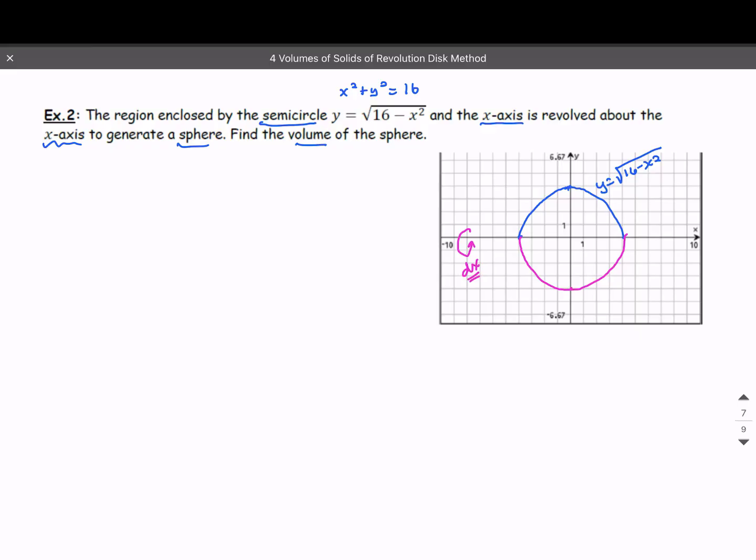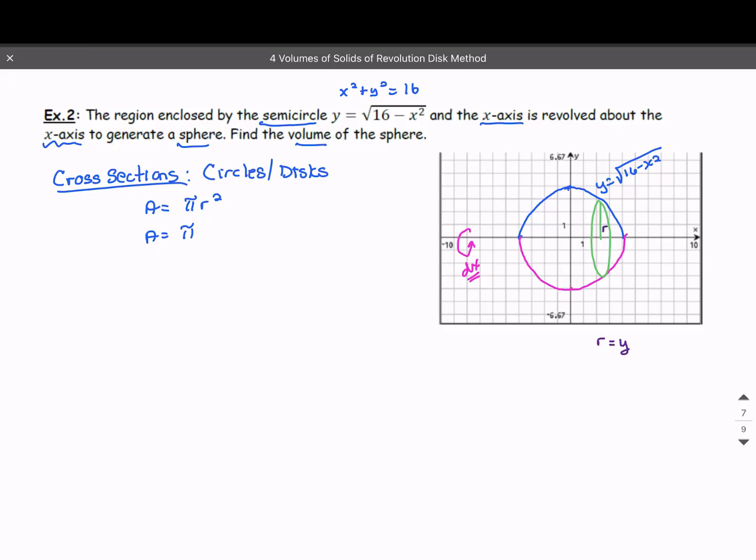Okay, and if we were to slice this, it's kind of like having an orange, and if you slice the orange and look at it face on, that's going to have a circular face. That's because the cross sections are circles or discs, and the area of that is pi r squared, which means it's pi times, now if you look at this radius, there it is, there's the radius.